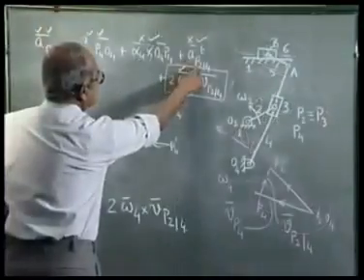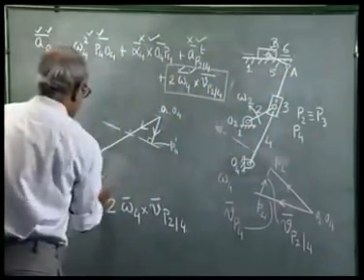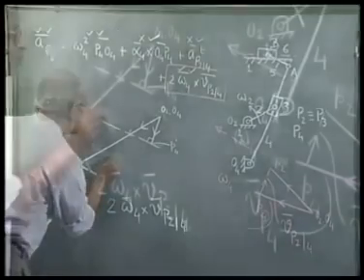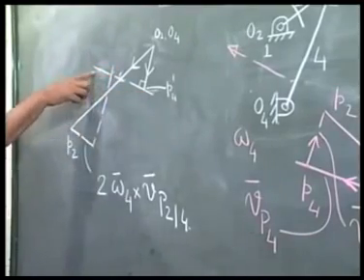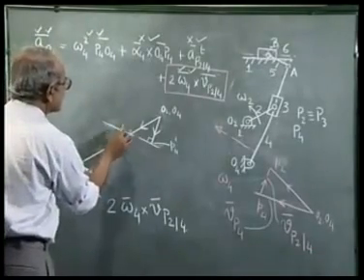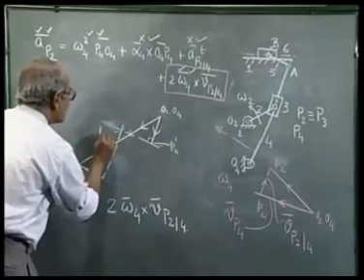Now, this term AP24 tangential, which is along O4A. So, from this point I draw a line which is parallel to O4A, and this line which we had drawn earlier to represent this vector, these two lines intersect here. So, this point I can call P4.